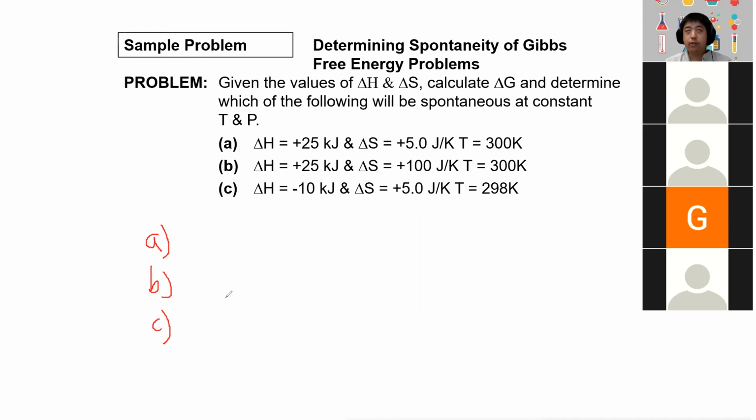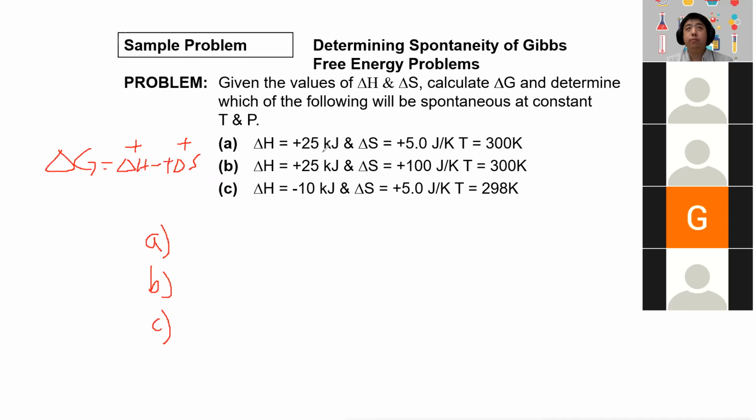Also not negative 125. So let's set up the equation here, okay? I have delta G is equal to delta H minus T delta S. So if this is positive and this is positive, the answer could be positive or negative depending on what my temperature is.